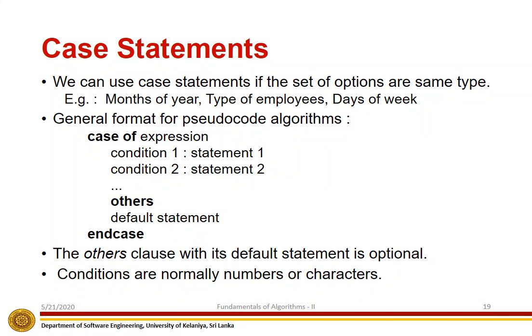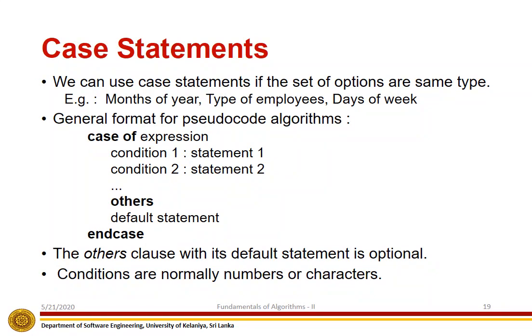I have given the general format of writing case statements in pseudocode algorithms. We have to use the keyword case of before giving the expression. Then from the next line, we write the condition, colon, and the statement to be executed if the condition is true.